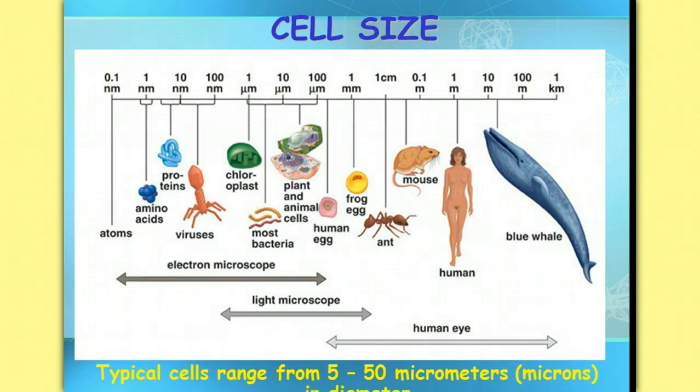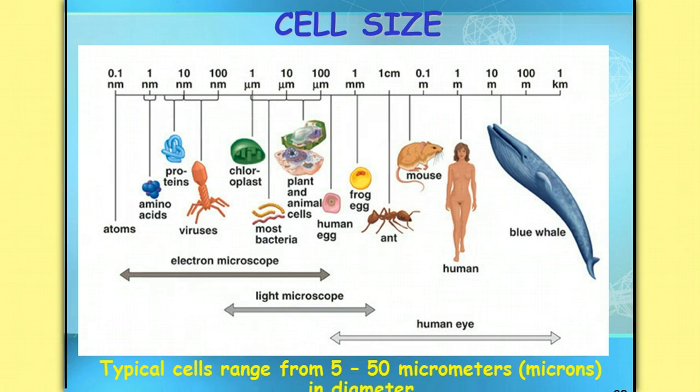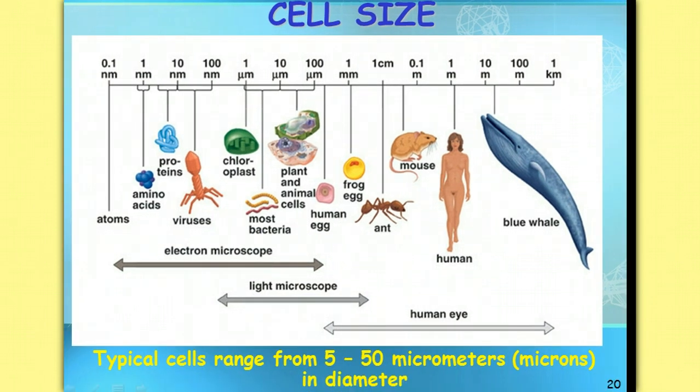Now, cells vary in their cell size, and they range anywhere from 5 to 50 micrometers, okay? So you can see on this scale the range. All right, a frog egg is 1 millimeter in diameter.